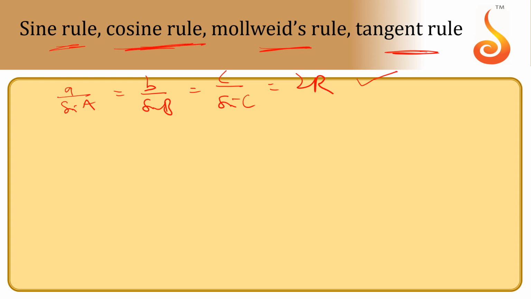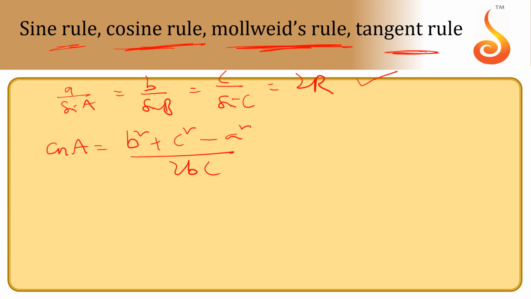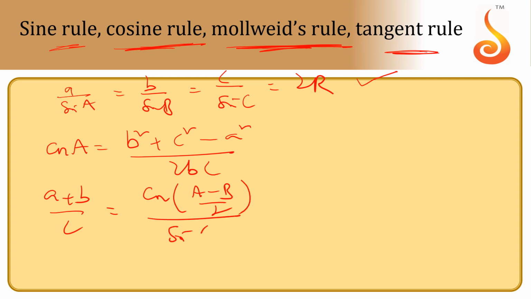That is called sine rule. And mainly cosine rule will be used to find the angles when sides are given. So cos A is b square plus c square minus a square by 2bc. Similarly cos B, cos C. And Mollweide's rules are very, very important. a plus b by c, they are the applications of sine rule only. So cos of (A minus B) by 2 by sin C by 2.